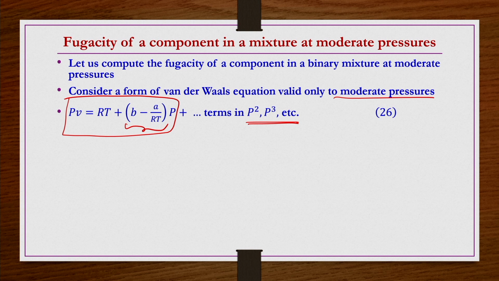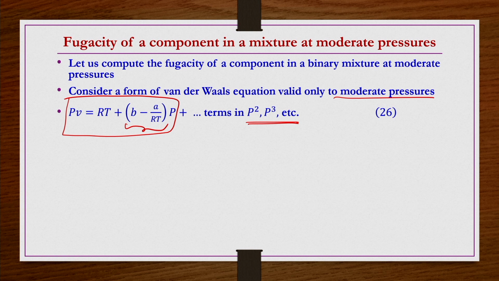So because of this non-ideality brought in through these additional terms, how is the fugacity coefficient going to change? The fugacity coefficient has to be 1 for ideal gases or ideal gas mixtures, but it is not for non-ideal cases.